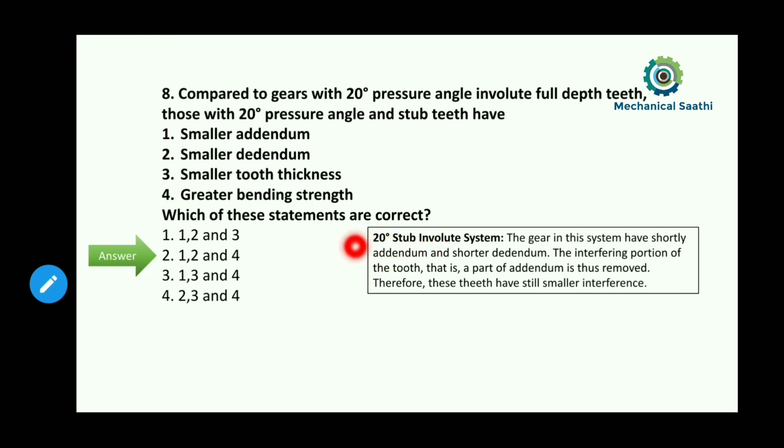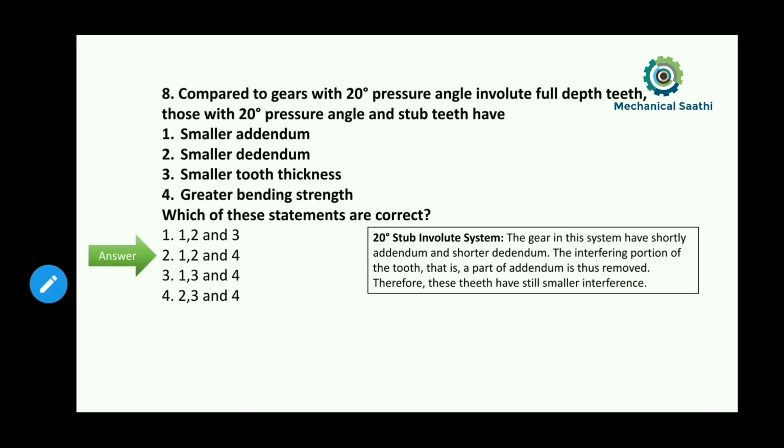In the case of the 20 degree stub involute system, the gears have a smaller addendum and a smaller dedendum also. So the interfering portion of the tooth, that is a part of the addendum, is thus removed. Therefore these teeth have only a small interference.